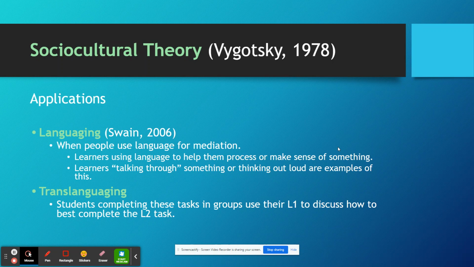So translanguaging, again, is when the students are languaging in the L1 in order to facilitate their collective learning of the L2. Please note, however, that a teacher lecturing to students about an L2 using the L1 is not translanguaging.